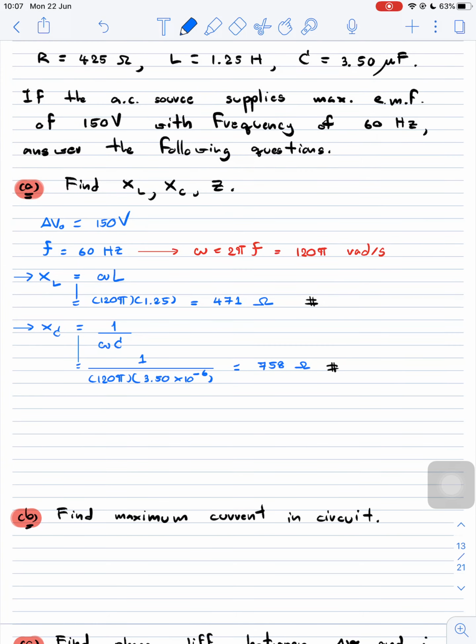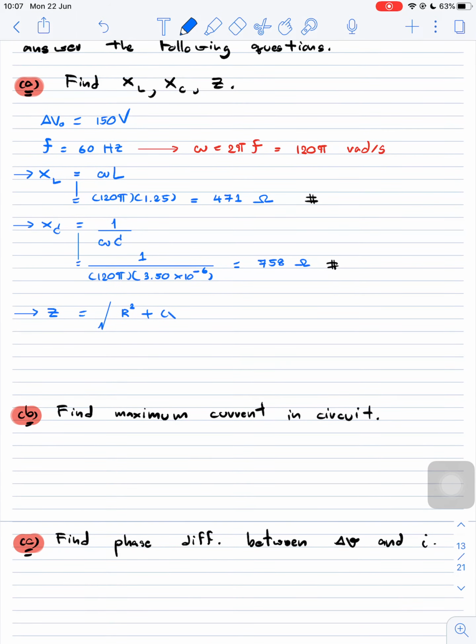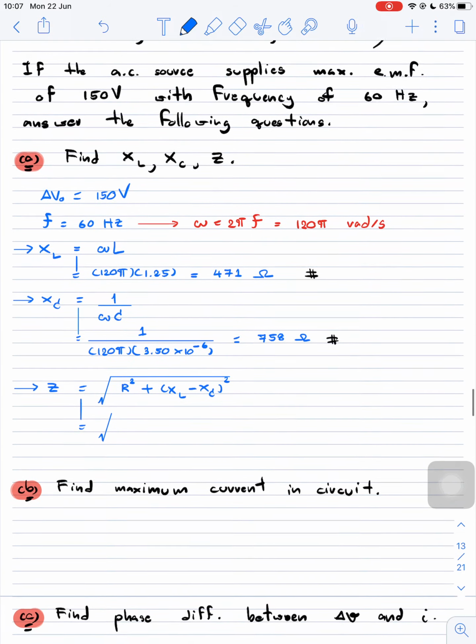Now finally, for the impedance Z, the equation is the square root of R squared plus (XL minus XC) squared. What is R?